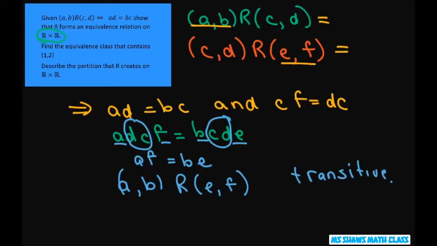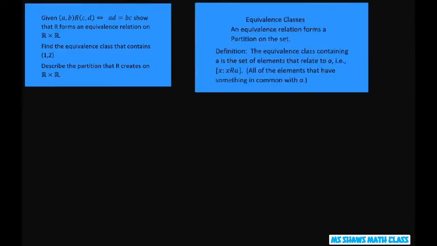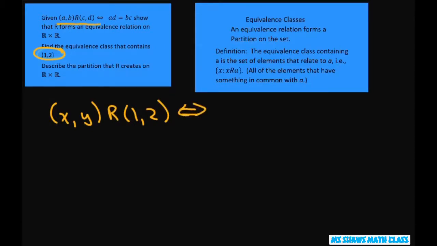All right. To find the required equivalence classes, we need to consider a general point (X, Y), and put it with our (1, 2). So what we're going to do is say that some (X, Y) is related to (1, 2). And therefore, given our formula here, that means 2x equals y. Now, just looking at that, this represents a straight line through the origin. So you could write it y equals 2x.